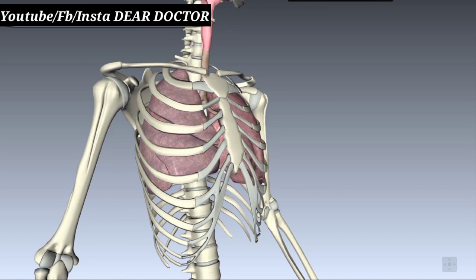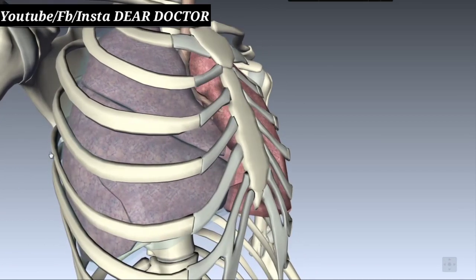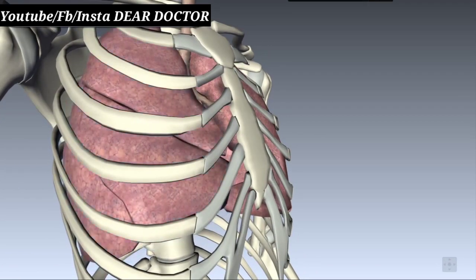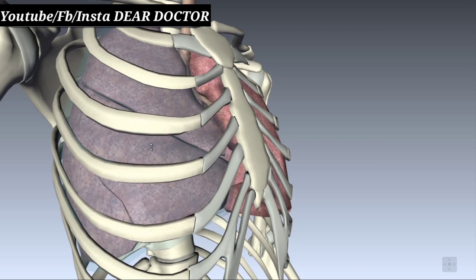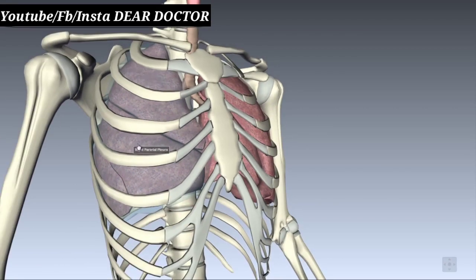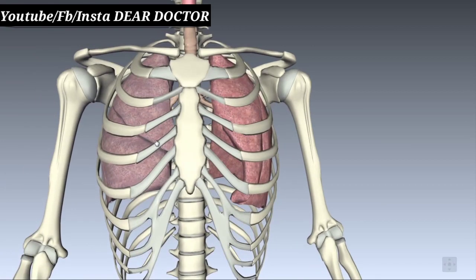One layer, and then again another layer. Okay, let me zoom in. One layer here, and then another layer. This is really important. The layer that is on the chest wall is called the parietal pleura, and the layer that is on the lungs is called the visceral pleura.